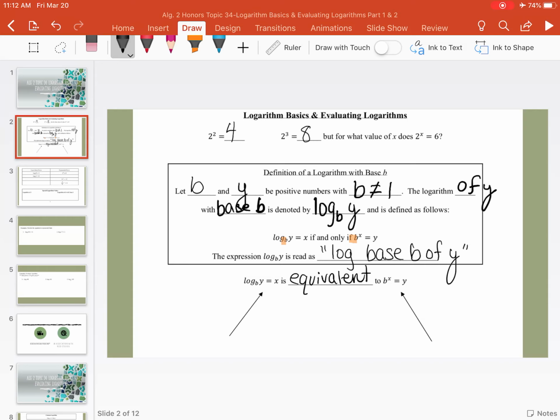So here, on the left, this is called logarithmic form. And on the right, we have b to the x equals y. That's exponential form.